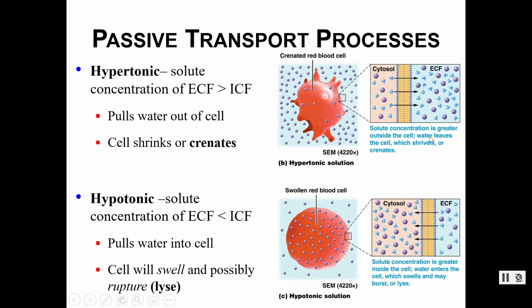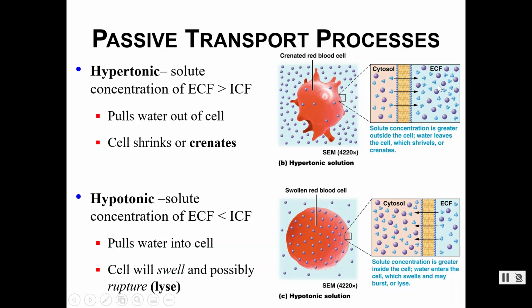So we've got our picture here. You will notice that we only have a few solutes inside. We have quite a few waters, but outside of our cell we have a lot of solutes compared to the waters.